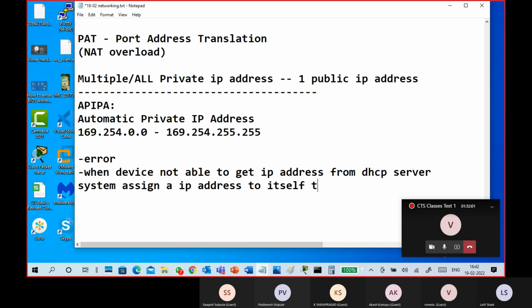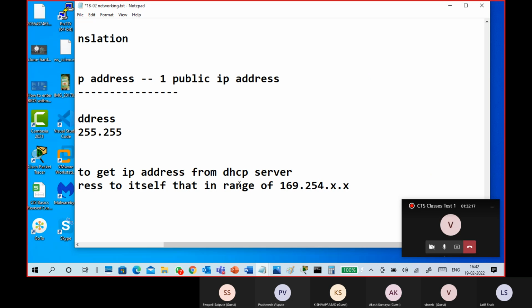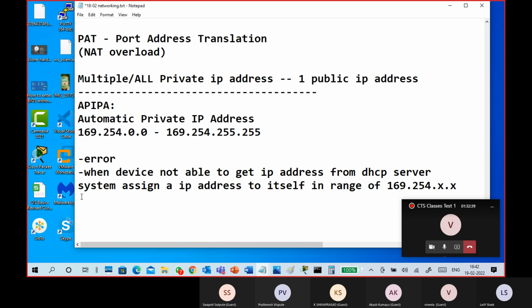So that is in the range of 169.254. In a range like this, it is called automatic private IP address.